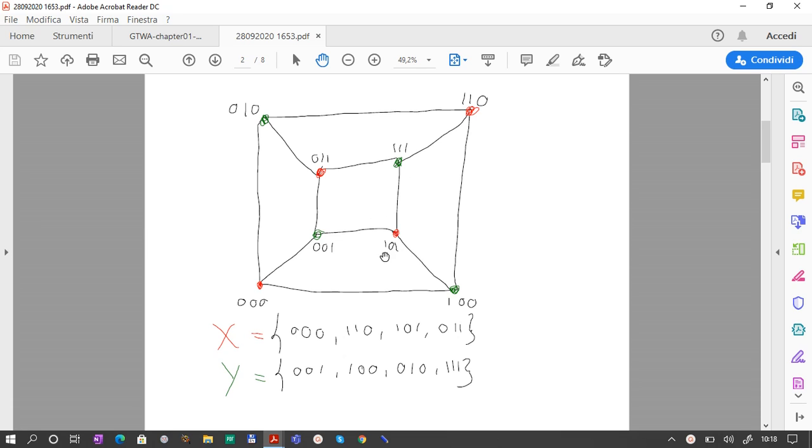And what we have here is that here we have an odd number of ones. So this vertex belongs to Y, and this has one, sorry for the pun, we have one less. We have one position less where we have 1, and so the number of ones becomes even, okay? And so necessarily this edge joins a vertex in Y with a vertex in X.